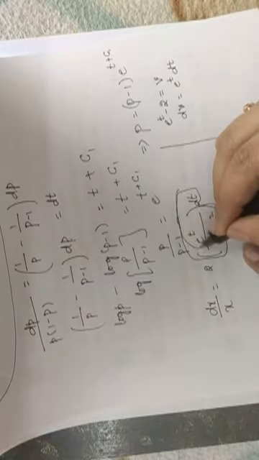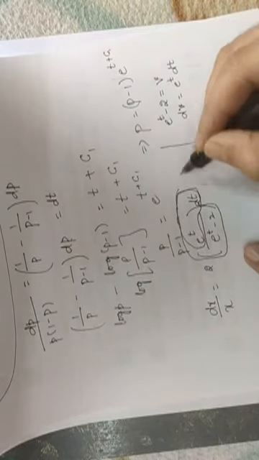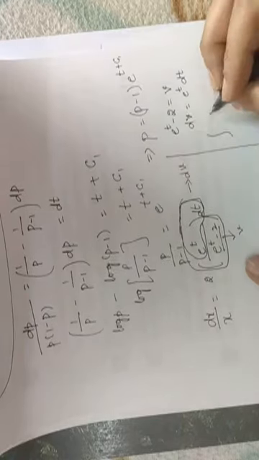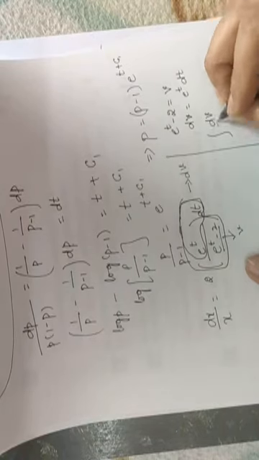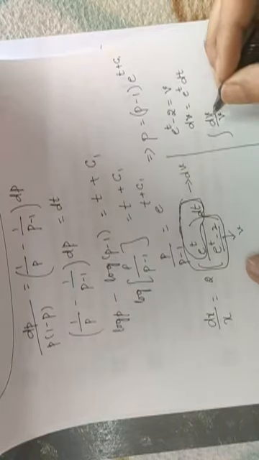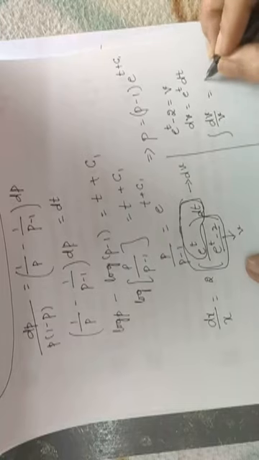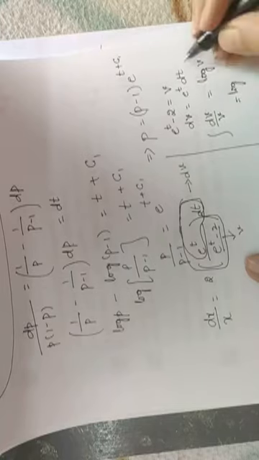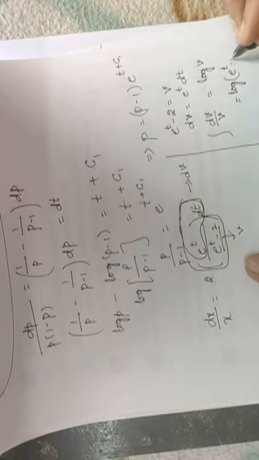So in the place of e power t into dt, I can write dv and this is v, right? So this is nothing but integration of dv by v. Integration of 1 over v with respect to v is log v, and the value of v is log of e power t minus 2, right?